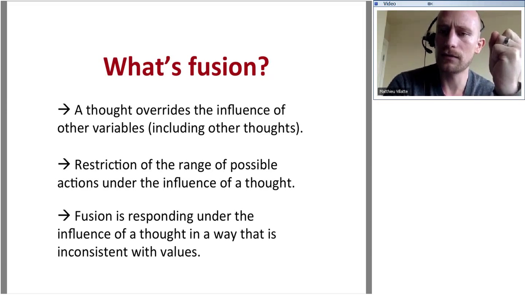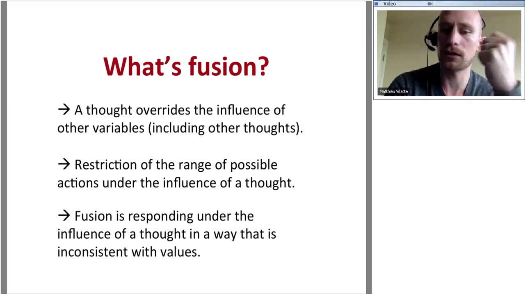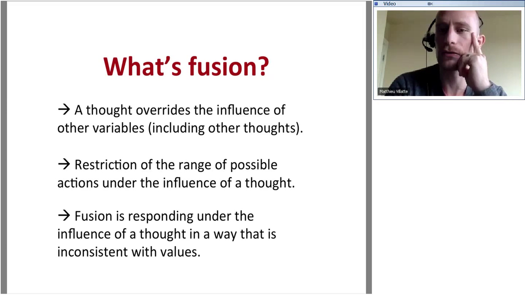So again, if I use my example of being anxious, feeling not prepared before this presentation, if I am fused with the thoughts that I am not prepared, I should cancel, it would probably be reflected by me avoiding the session. I cannot, for example, consider different options. There is only one thing that I think I can do.